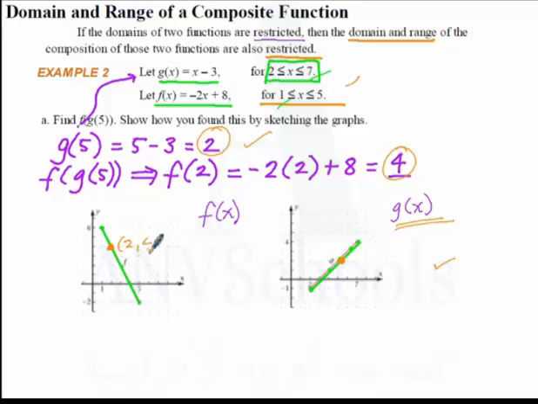This confirms what we got in our computation for f of g of 5. This is both an algebraic and graphical computation of the value of f of g of 5. So this confirms everything for letter A.